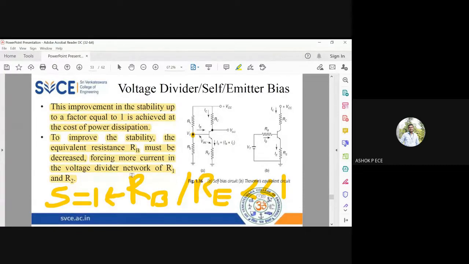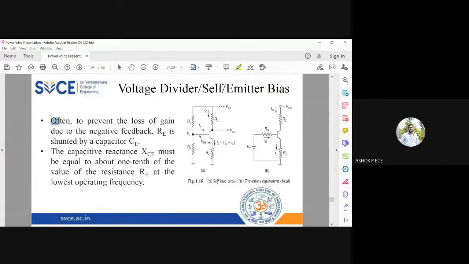But when you are designing that RB value to be as small as possible, in the same circuit you are forcing more current to flow through the resistances R1 and R2. When more current is flowing through R1 and R2, there will be a huge amount of power dissipation, which you cannot avoid in this setup. Often, to prevent the loss of gain due to negative feedback, RE is shunted by capacitance CE.